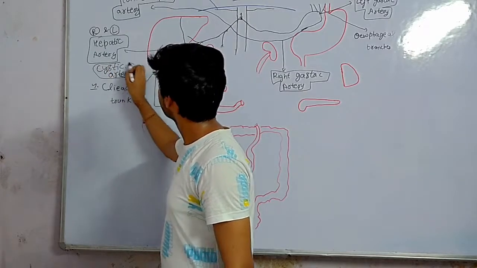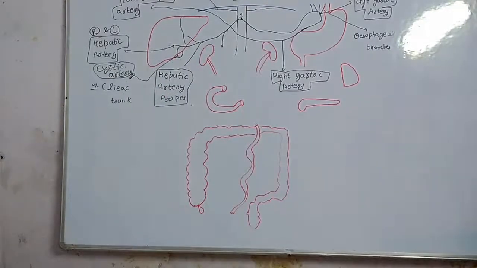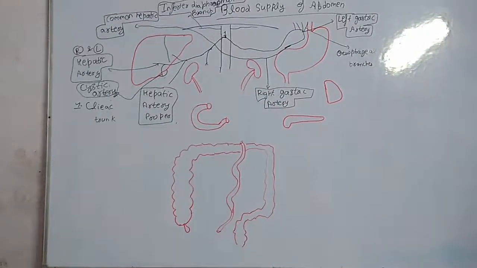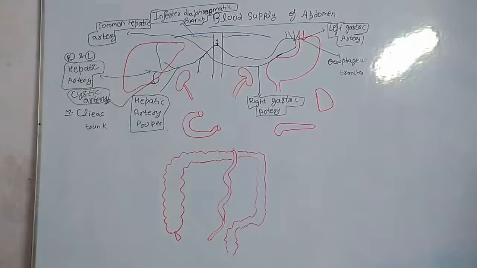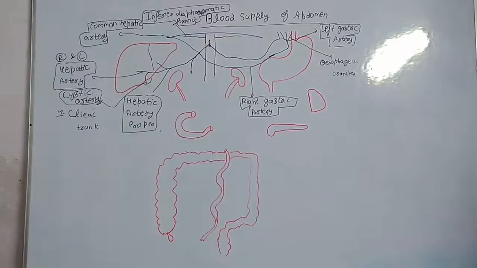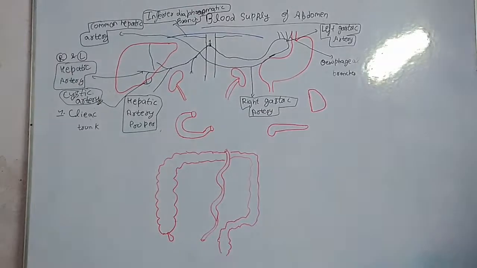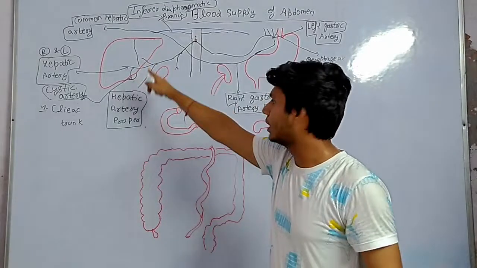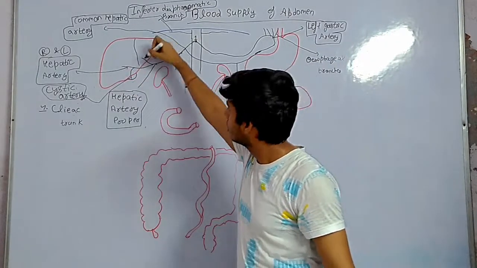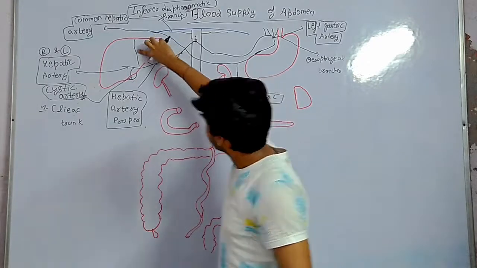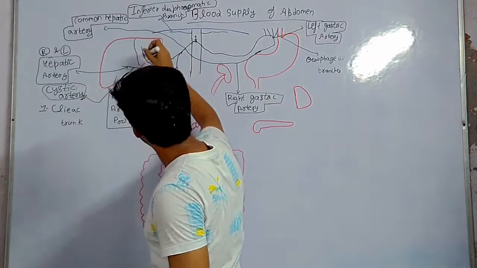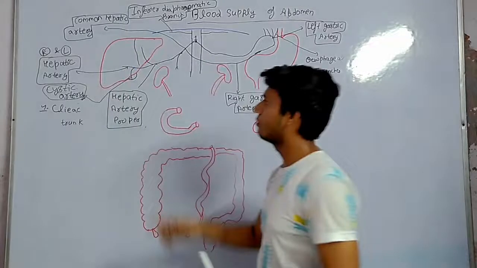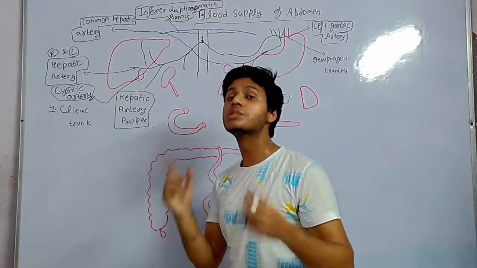This portion is complete. It supplies the liver and gallbladder. This is the left gastric artery, and this is the right gastric artery. The gallbladder is supplied through the cystic artery branches.